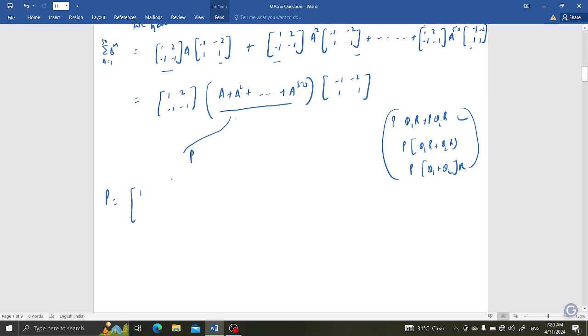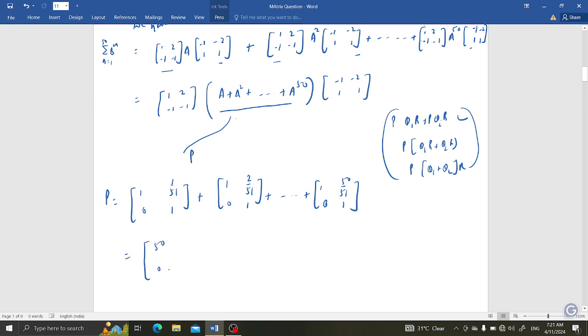1, 1 upon 15, 0, 1, plus what is A square, 1, 2 upon 15, 0, 1, up to so on, 1, 50 upon 51, 0, 1. If I am adding all these matrices, what we get?